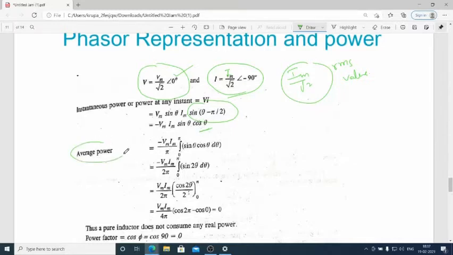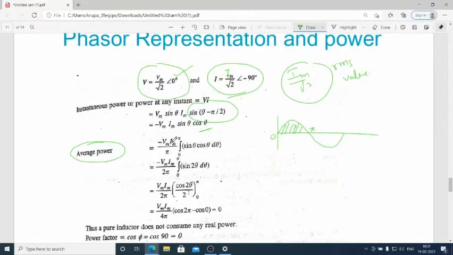Now average power: we find the instantaneous power over the period. Please remember, while finding average power we consider only one cycle, not both cycles, either the positive cycle or the negative cycle. I'm considering just for the time being 0 to pi.